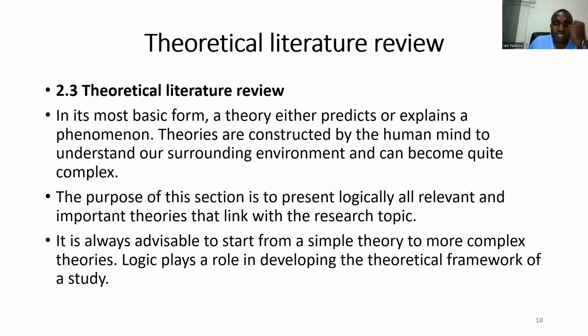The purpose of this section is to present logical or relevant and important theories that link with the research topic. So all important theories that link with the research topic must be clearly articulated under this section 2.3. It is always advisable to start from a simple theory to more complex theories.